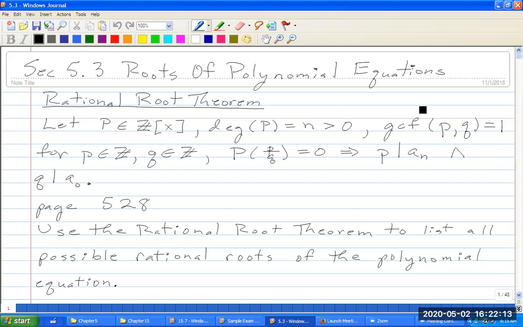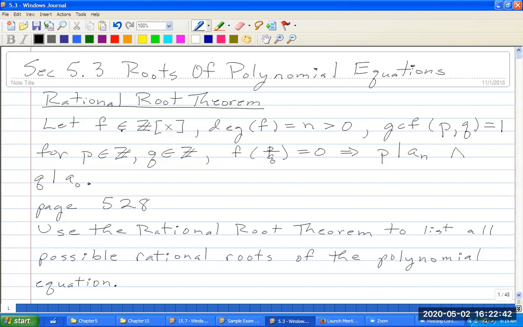Let the greatest common factor of P and Q equal 1, so that P and Q will be relatively prime. Oh, then I should let the polynomial be named F. Otherwise, how are you going to distinguish between my P's and Q's? Okay, so let me call my polynomial F.